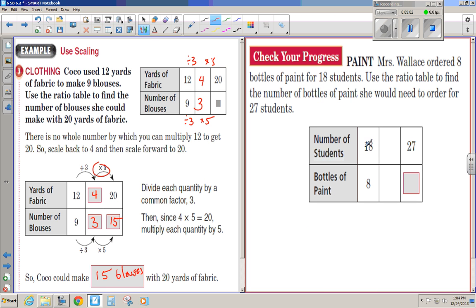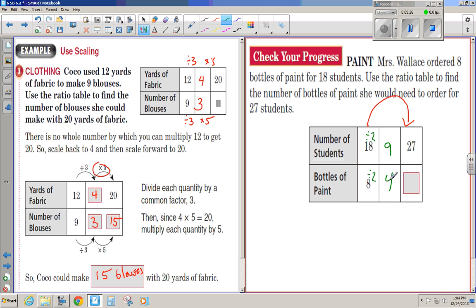Same thing here. Let's see. Wallace ordered 18 bottles, ordered 27. So there's no way to get directly from 18 to 27. But you can divide by 2 to get 9/4.